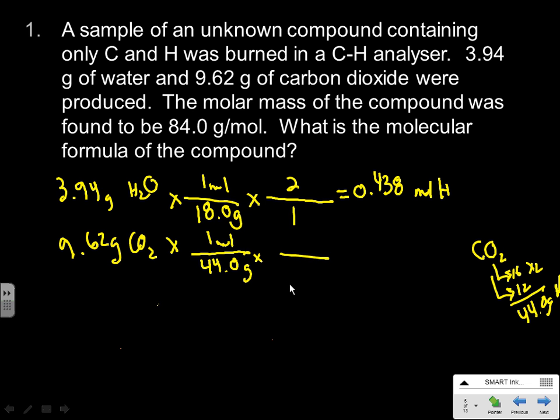What's our ratio, carbon to carbon dioxide? 1 to 1. And how many moles of carbon was in this original hydrocarbon before it was burnt? Well, it's still the same moles of carbon. Just got to keep track of it.